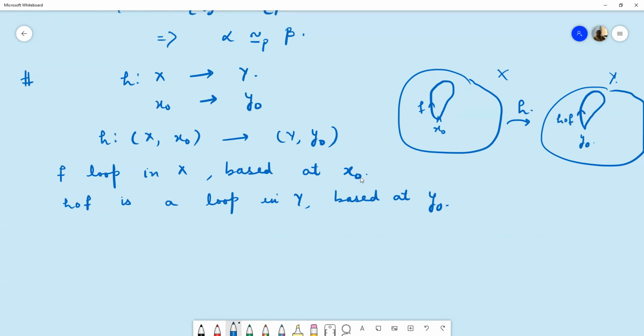Because if f is a loop, then basically f is a map from I to X, such that f of 0 and f of 1, they are x naught.